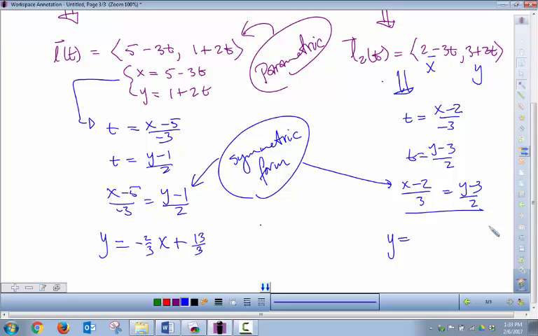That's going to equal the same thing. I mean, do the work, and hopefully it does. So we do get the same line. Right? Okay.